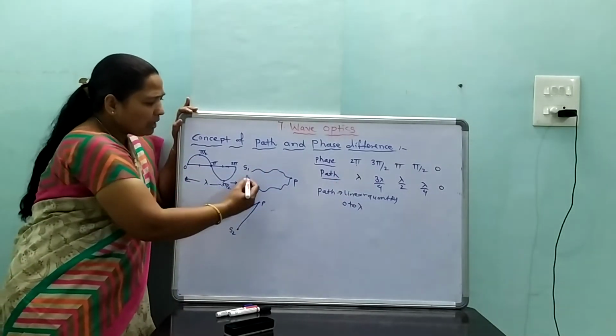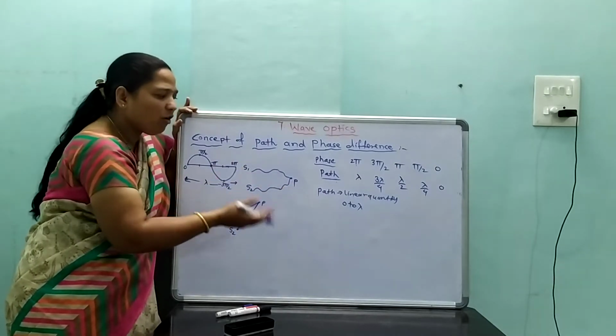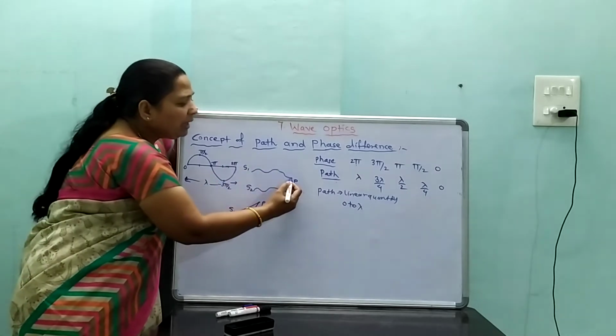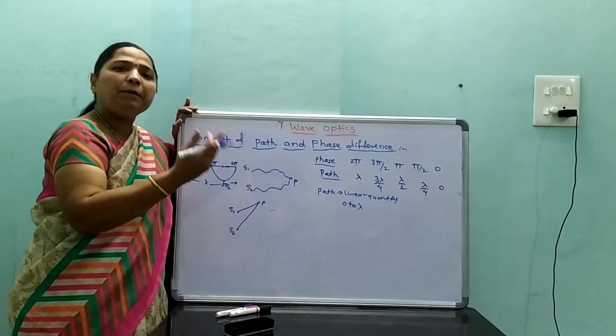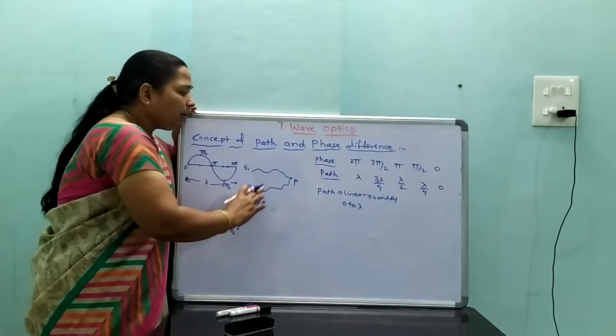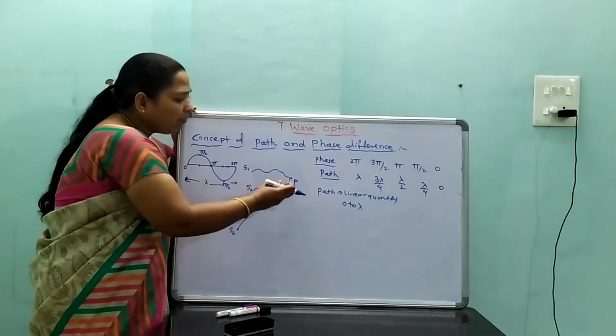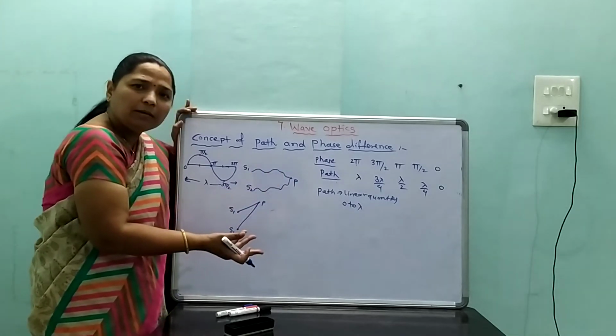Suppose two waves interfere with each other, there is a modification of energy. P point is a bright point and P point is a dark point. When the crest of one waveform falls on the crest of the other waveform, we get the P point as a bright point.